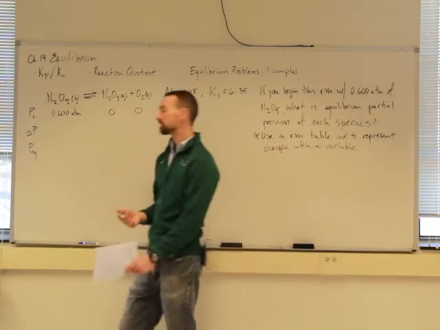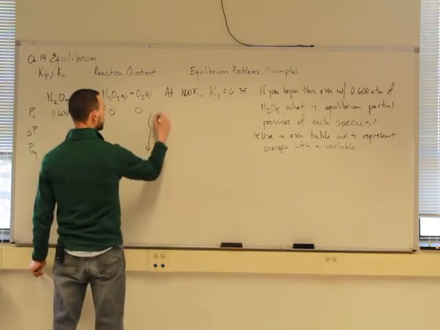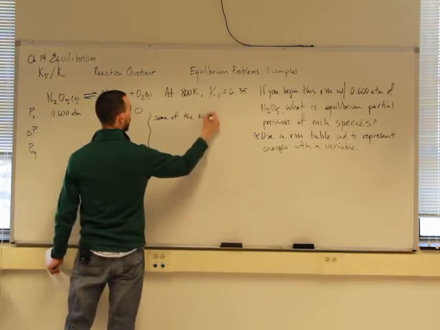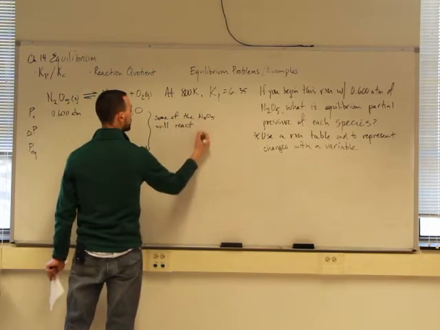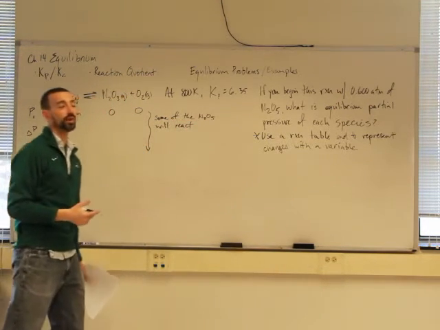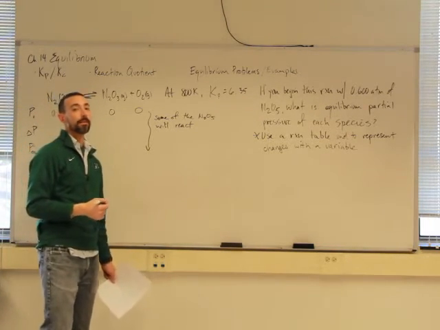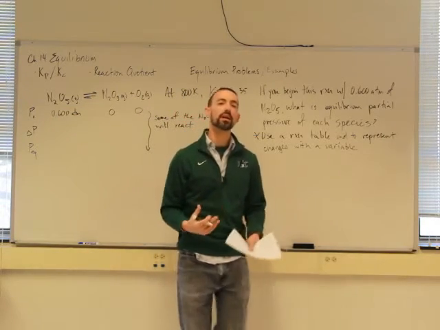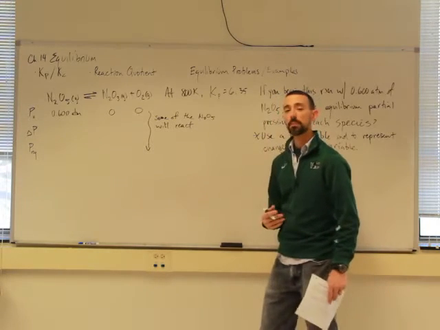So what's that something? The key is that we know that some of the N2O5 will react. But how much is the question? Well, we're not exactly sure. But that's where this idea of using math to help us out, algebra to help us out, really does become a benefit.